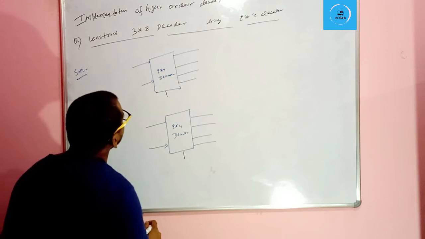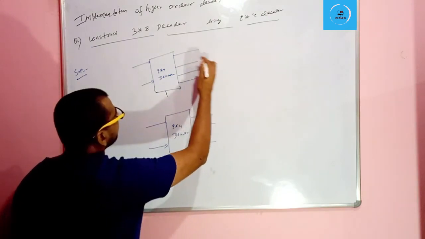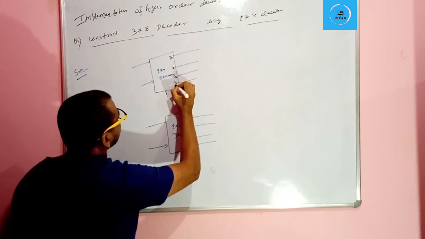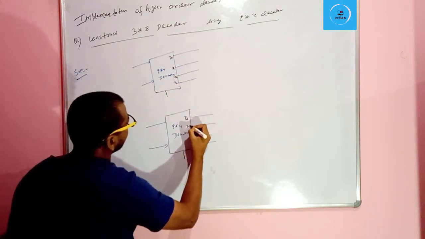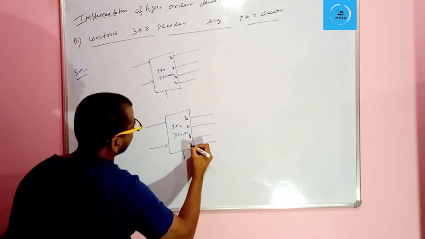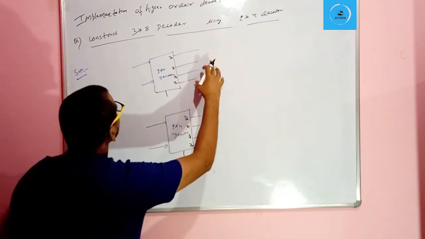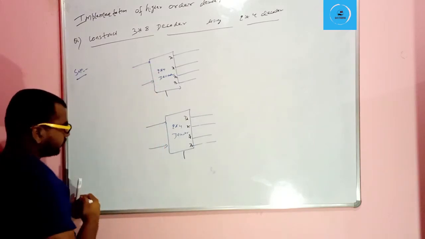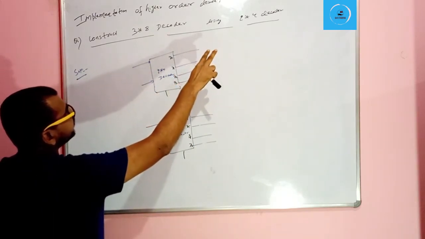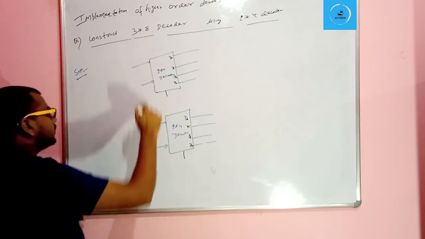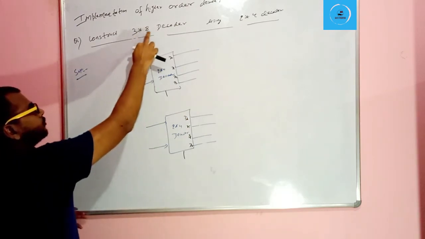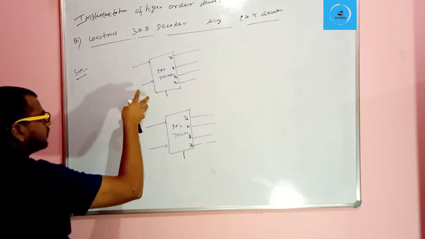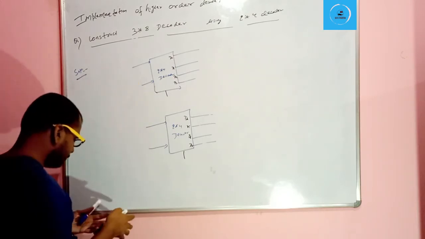And here we have the outputs D0, D1, D2 and D3, and D4, D5, D6 and D7. So there are 8 outputs and 4 inputs, and we require only 2 to 4 decoders. How many are required to get the 3 to 8 decoder? So here we will require 3 inputs and 8 outputs. Here we have constructed the 8 outputs, but how will we construct the 3 inputs here?